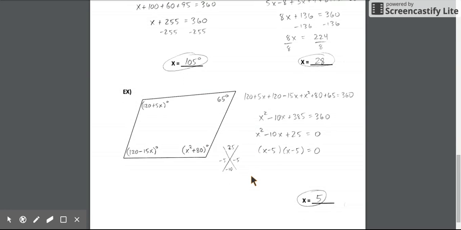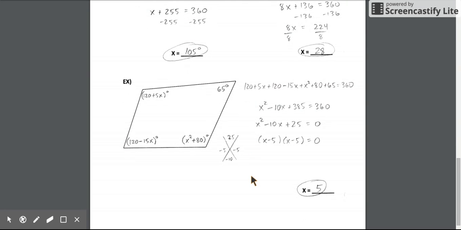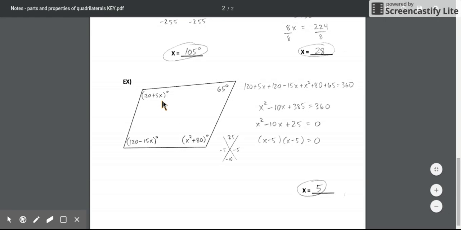So there are the types of problems with linear equations. We could also do the same thing with quadratic expressions and solve a quadratic equation. So this time we're given some linear expressions and a quadratic to represent our angle measures. We're still going to do the exact same process, add up all of our measurements and set it equal to 360.